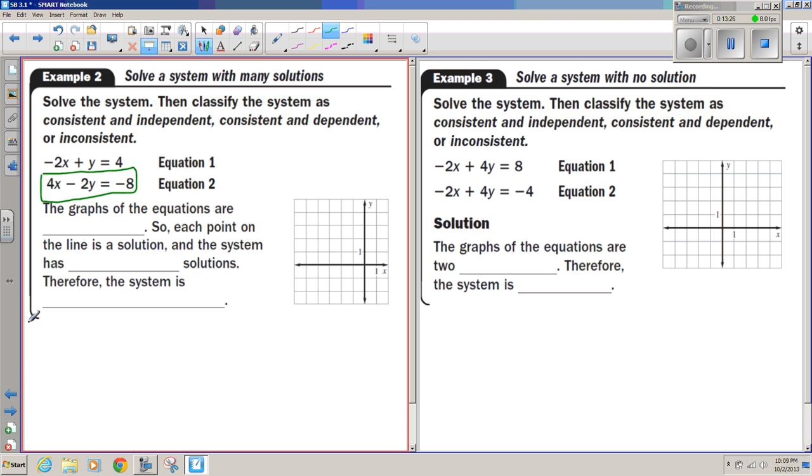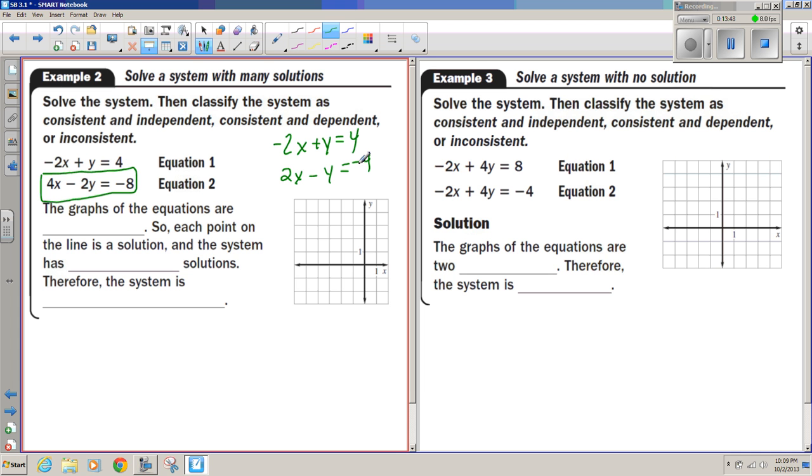Notice that all of them are even numbers. So I would say rewrite this system as negative 2x plus y equals 4. Divide everything by 2 and you get 2x minus y equals negative 4.